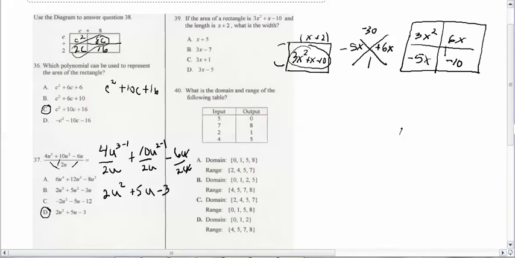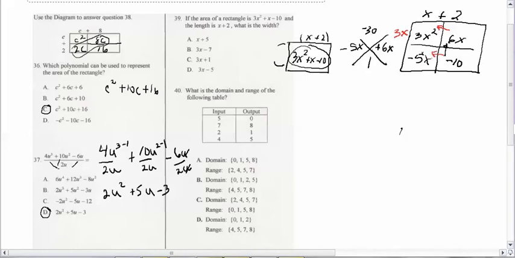Okay, now we're going to factor this way. What do these have in common? They have a 2. What do these have in common? They have an x. Okay, and there's a plus here. So there's our plus 2. Now we're going to go this way. What do these have in common? They both have a 3 and an x.